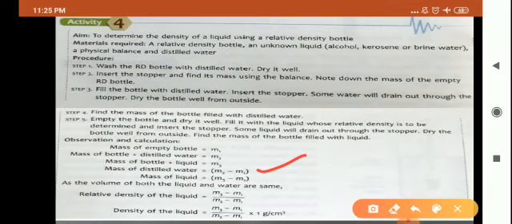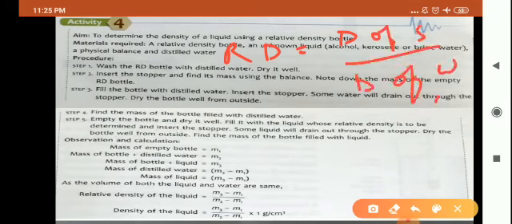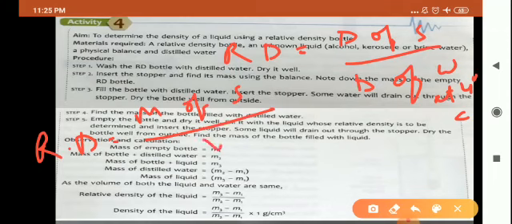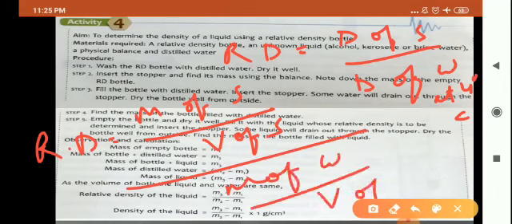Okay. Now children, before starting with the calculation, do you remember the definition of relative density? RD is equal to the density of the substance upon the density of water at 4 degrees Celsius. Now we can also write it like this: the density of the substance can be written as mass of substance upon volume of substance, divided by mass of water upon volume of water.